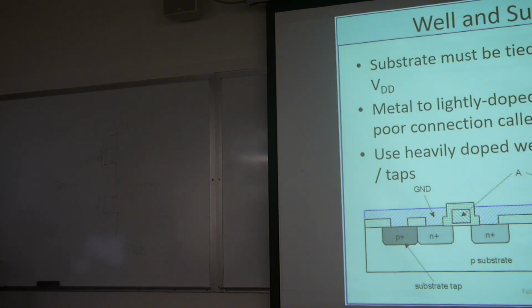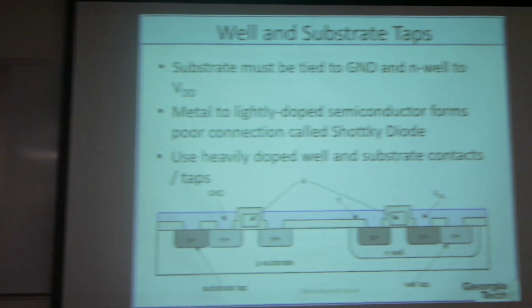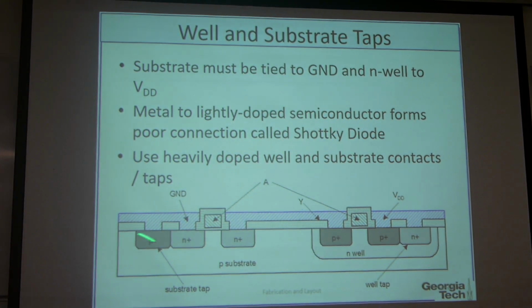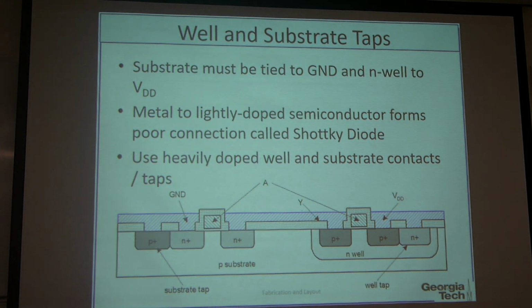The PMOS is connected to the supply voltage, as here. And the NMOS is connected to the ground. And here, this one is the input. This is the output. So this is how the inverter structure looks.